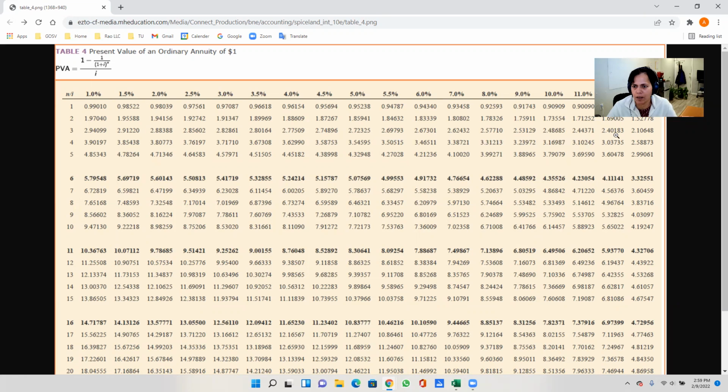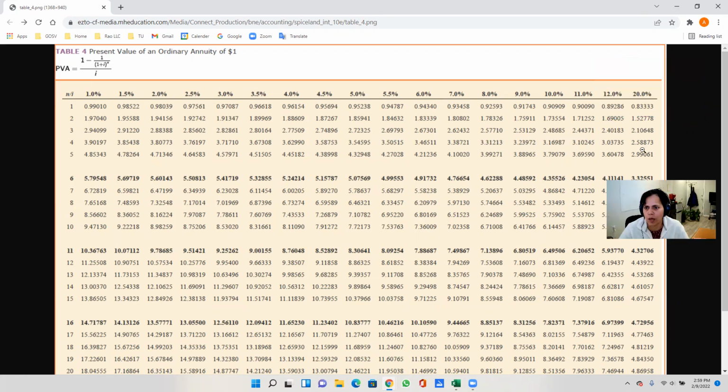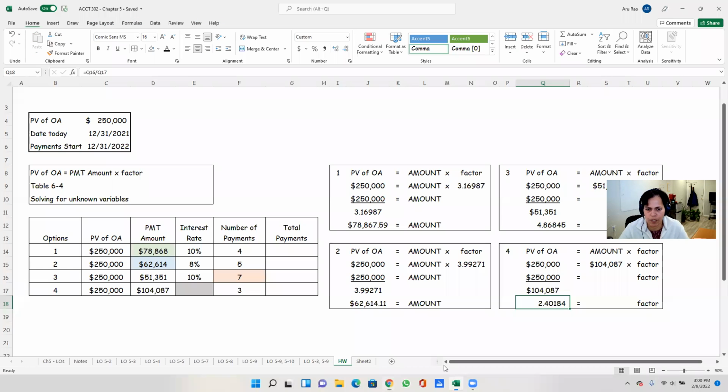And what I see over here is the interest rate. The interest rate is 12%. Again, I knew it was 3 periods. I knew the factor. So I came all the way down over here and I found the interest rate to be 12%. So here I'm going to write the interest rate is 12%.